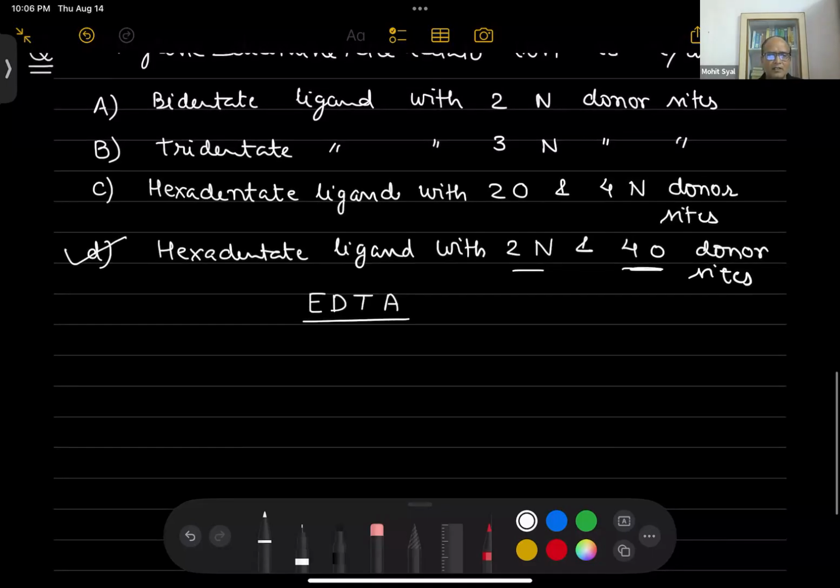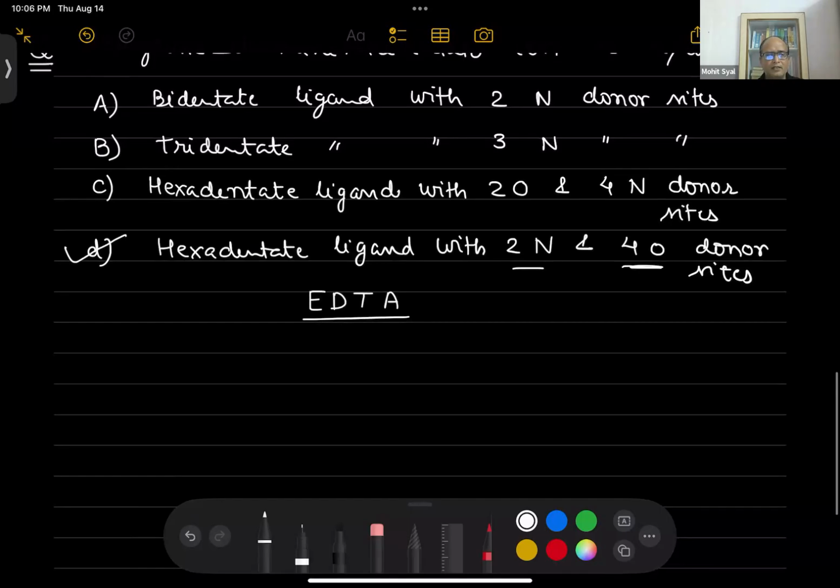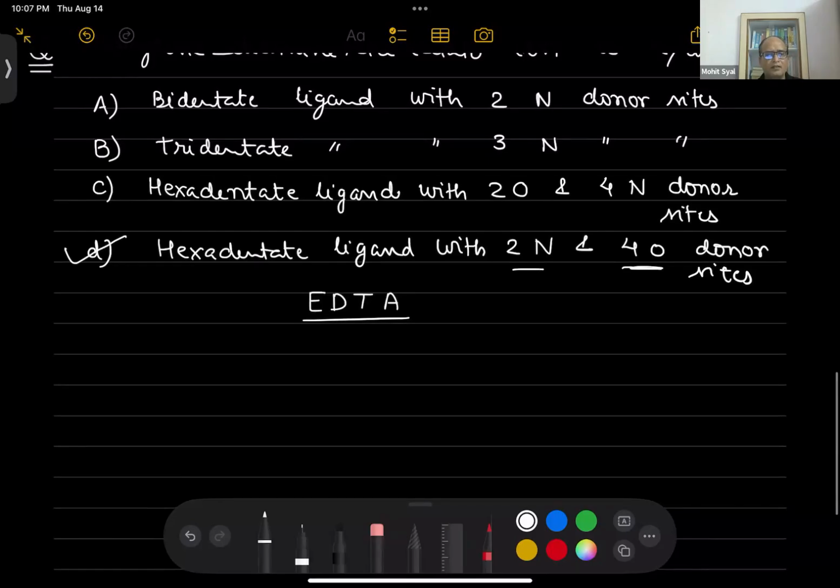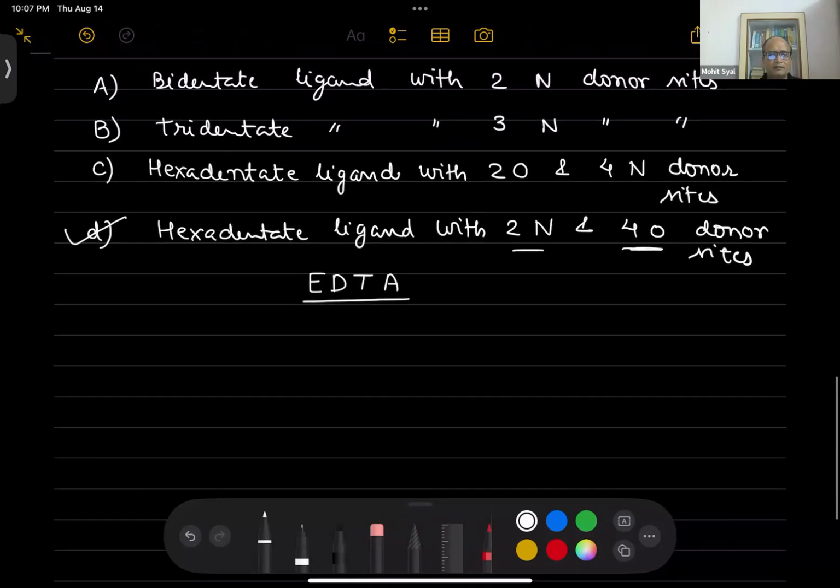Some questions are related to the general introduction and all that we are discussing today. Okay. They have asked again the homoleptic and heteroleptic question, but they have asked in a very different way. Right? So instead of giving you the formula, they have given you the names.